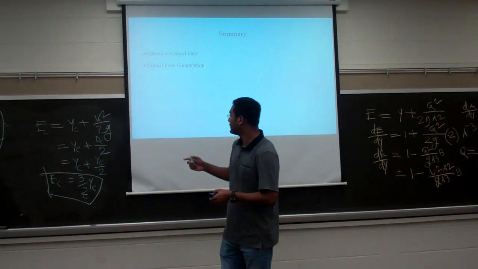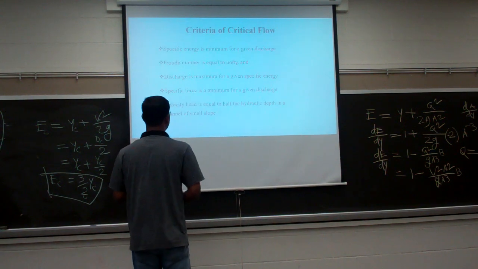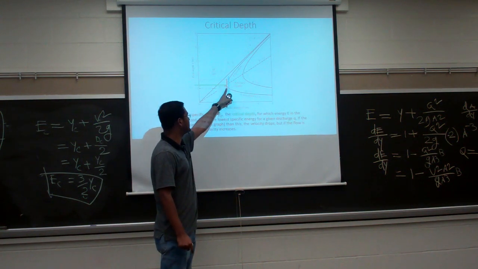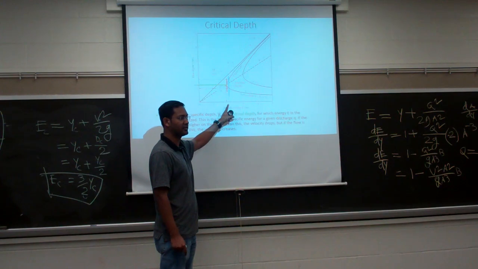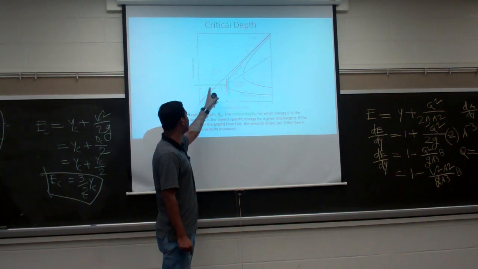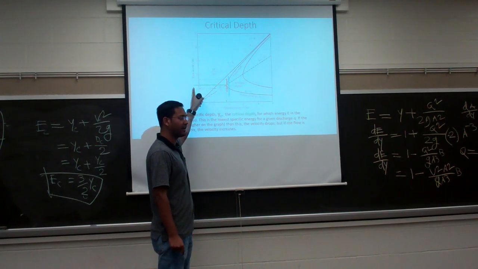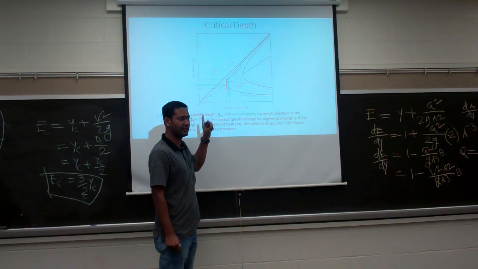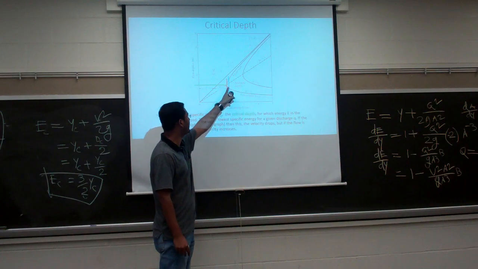Because from that graph, we can see at the minimum specific energy, when the flow is critical, we have only one depth. And if the specific energy is larger than critical specific energy, then there will be two depths.